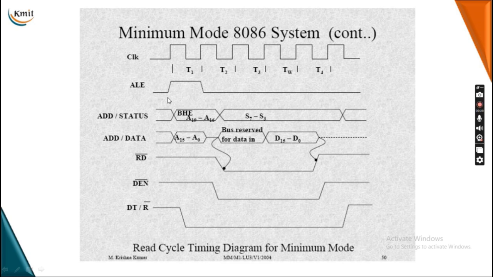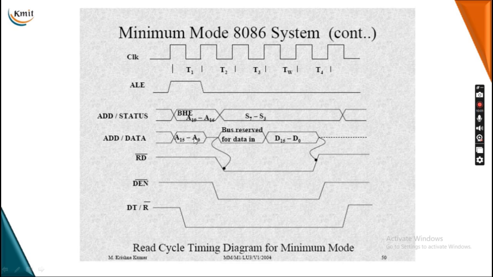During this clock, ALE is enabled. So the address will be taken from the bus and it will read the data from the memory, depending upon data enable and data transmit or receive, either from the memory or from the IO bus.